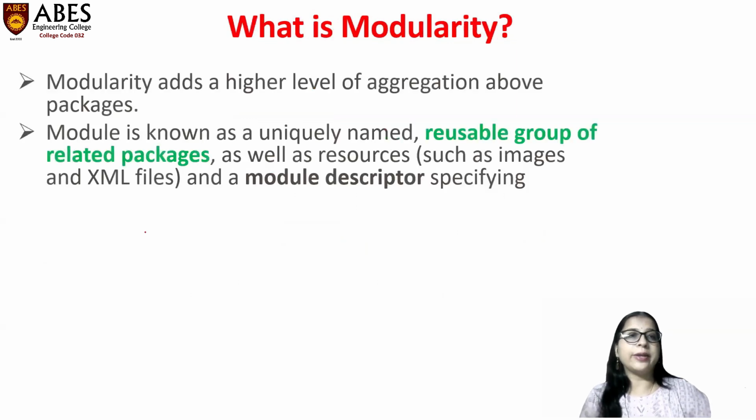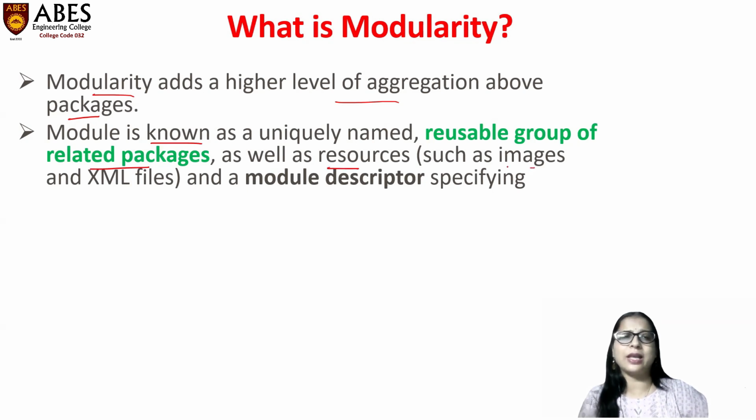So what is modularity here? Modularity adds a higher level of aggregation. That is the purpose of the module system: to keep various aspects and functionality in different modules, keeping the separation so that we can use it in the future easily. A module is known as a uniquely named reusable group of related packages.